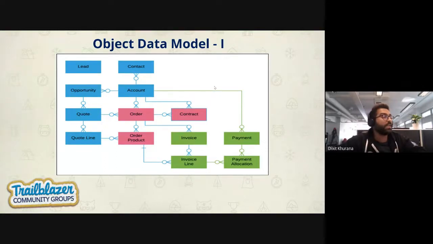Inside the quotation we have products, which get transferred into the quote line. Once you order a quote, Salesforce generates an order for you. Always remember, there is a normal Sales Cloud quote object as well, but I'm talking about the CPQ quote object, which comes from the CPQ managed package.